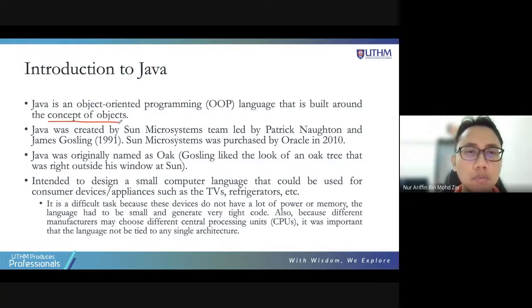So the first step you need to determine is what objects you need to declare inside your program. There are many OOP languages, and the most prominent one is Java.